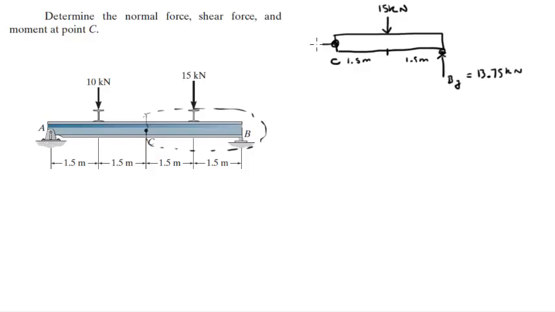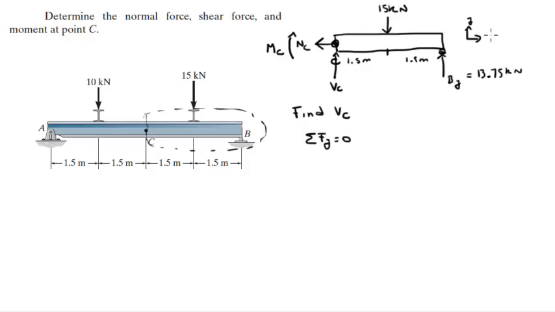So you know that at C you got a normal force NC, shear force Vc, and a moment MC at C. And this is what we're trying to find. So first let's find Vc. To find Vc, we know that the sum of the forces in the y direction is equal to 0.